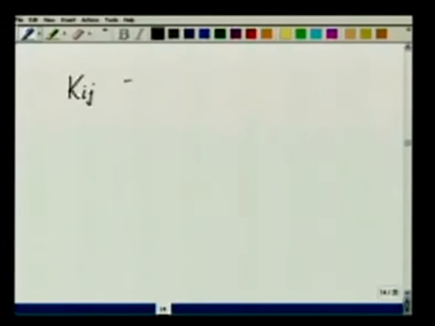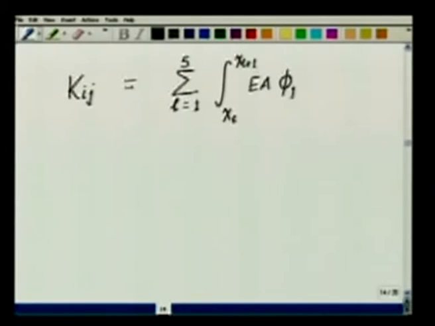So it's very simple to look at Kij. What is Kij equal to? It is the summation over L equal to 1 to 5, that is over these 5 elements, of the integral from xl to xl plus 1 of Ea, and Ea is a function of x, we should remember, phi j prime phi I prime dx.